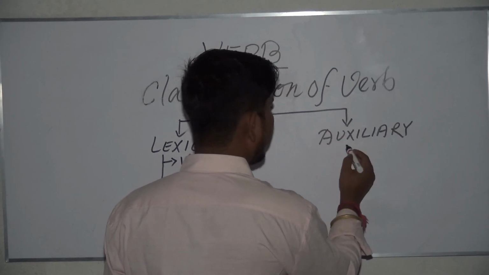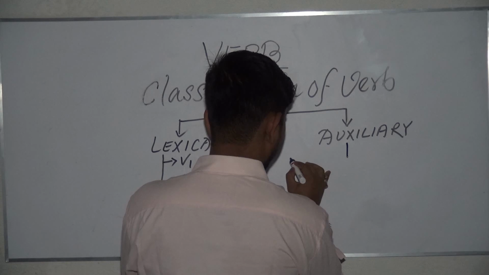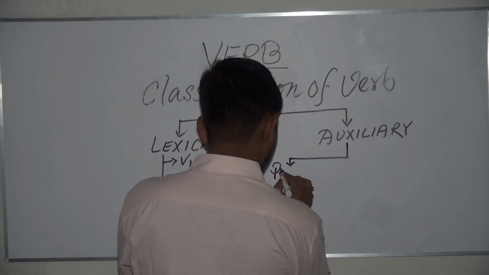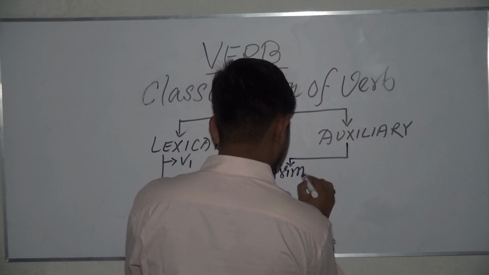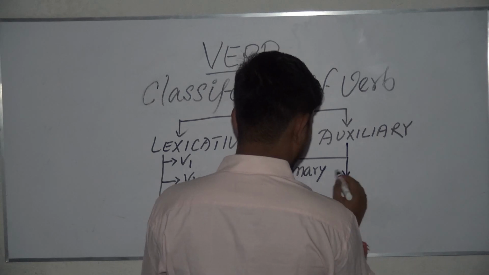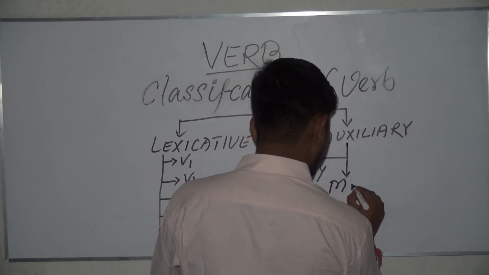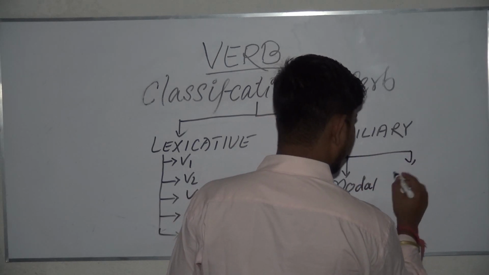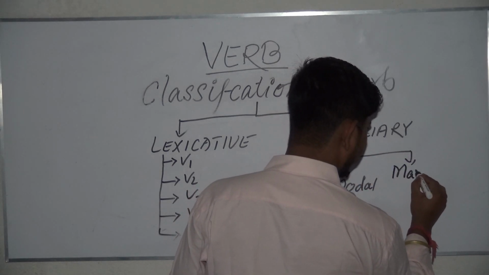Auxiliary verb are basically divided into 3 parts. One, principal or primary auxiliary verb. Number 2, modal auxiliary verb. Number 3, marginal auxiliary verb.